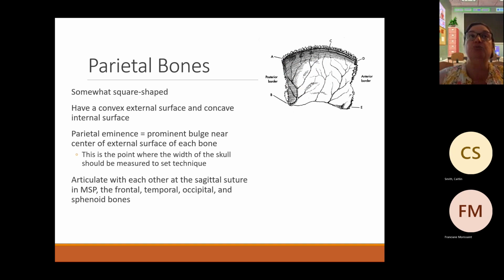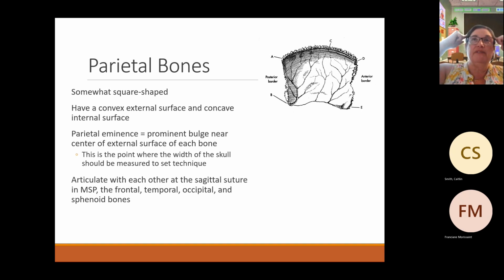Now, the parietal bones, as you know, are located on the side of the skull here. They're more of a square shape, and they have a convex external surface. The parietal eminence is the widest part of the skull. So in the parietal bone, you have a bump here on the sides.